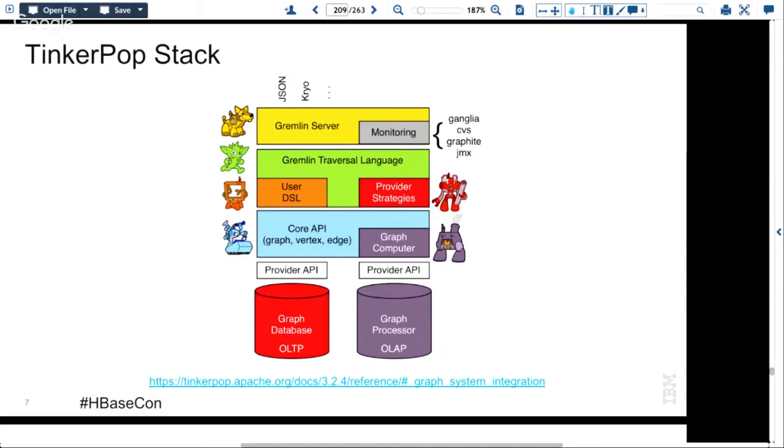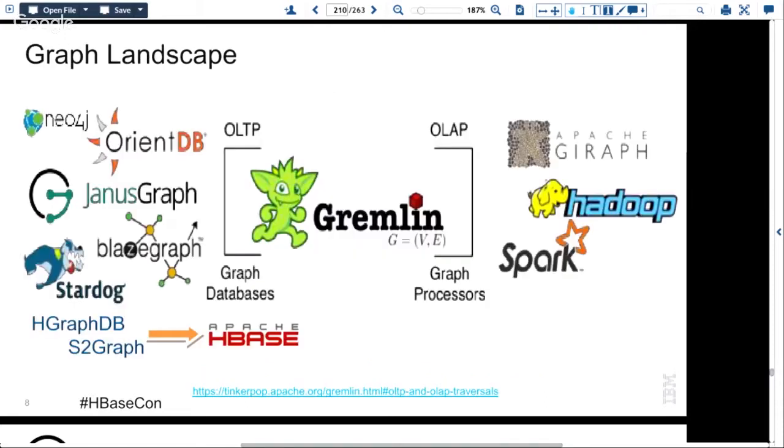And these are both not included in TinkerPop, and we rely on the rest of the graph landscape. And as you can see here, this contains a large set of open source packages and vendors that all implement the TinkerPop stack. This is just a brief, this isn't even the complete set.